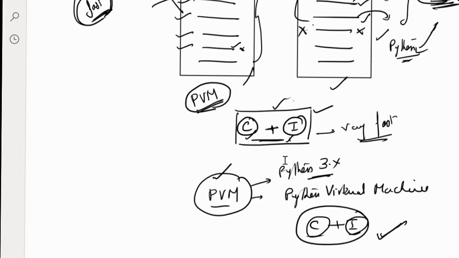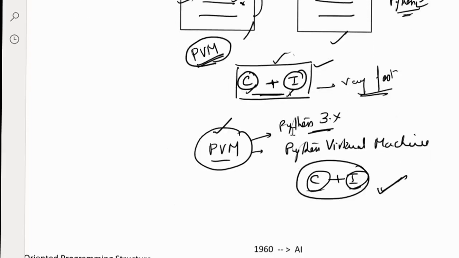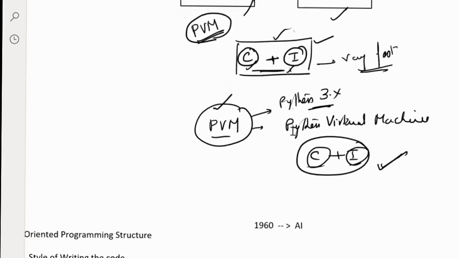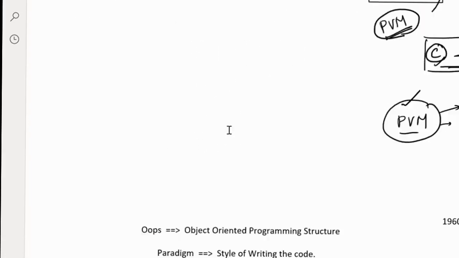If you want to go into detail, there is a lot, but we don't need so much. The PVM and the interpreter both will compile and interpret the things. It will share the load. Obviously, this is much faster.